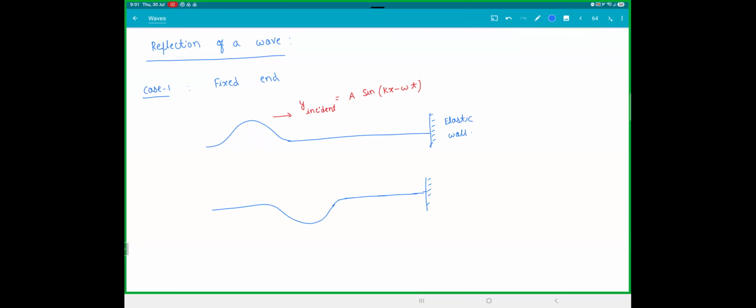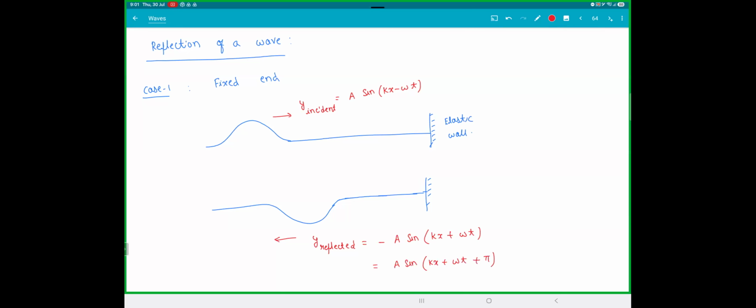The particle just bounces down. So the particle will start going backward. So the reflected wave is given by minus A sine. Now remember, this is traveling on the left-hand side. So it will become kx plus omega t. We don't write a minus sign. So we push the minus sign inside and this will become A sine kx plus omega t plus pi.